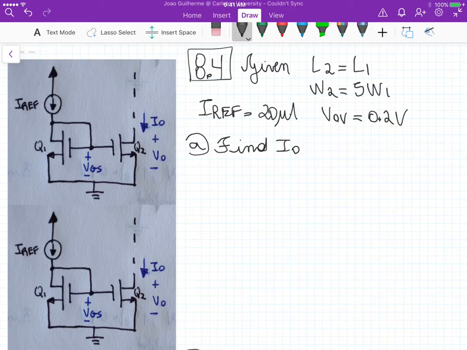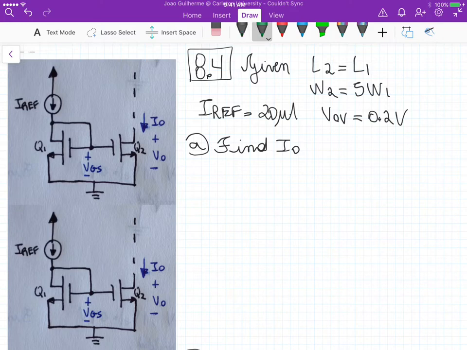Last problem, 8.4. We have the NMOS current source or current sink circuit, and for this particular circuit we have Q1 and Q2 with different aspect ratios.